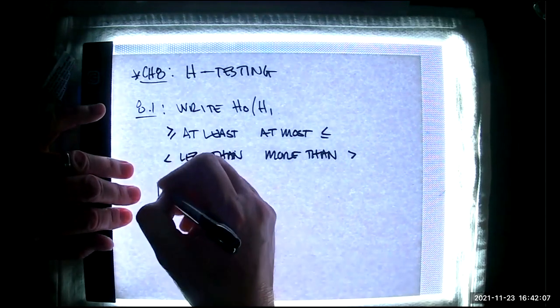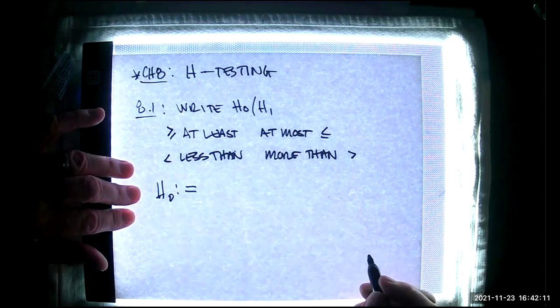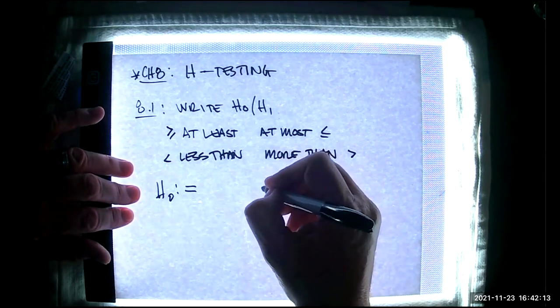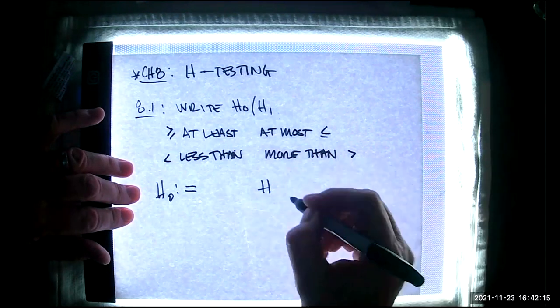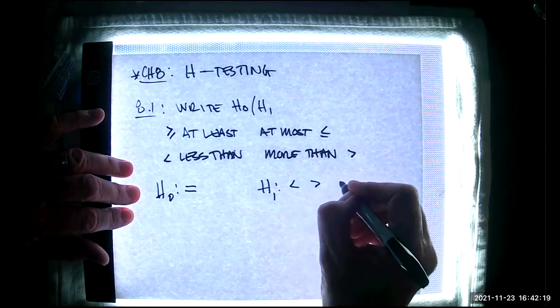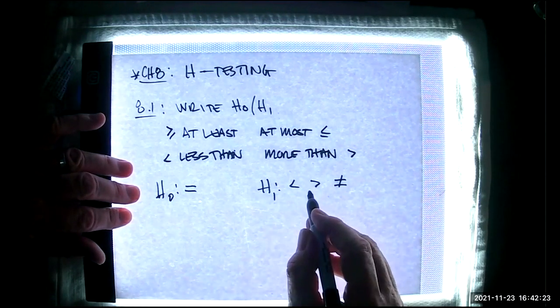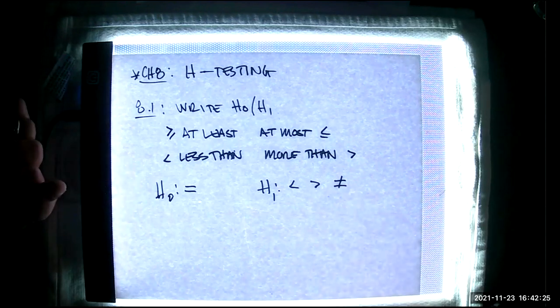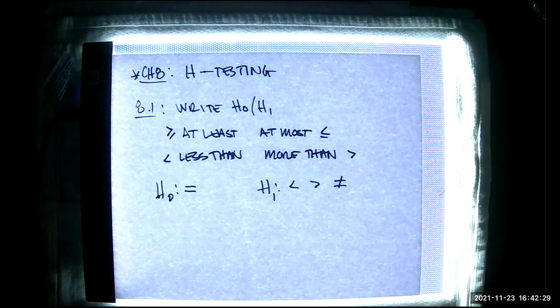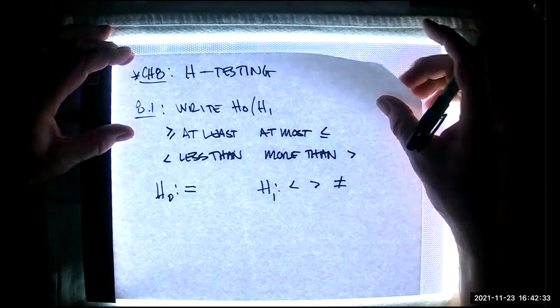I will remind people that when we write the null hypothesis, it's always written with an equal sign. The alternative hypothesis is always written with a strict inequality, a less than, a greater than, or a not equal to. So that's the first thing I need to have you be able to do.